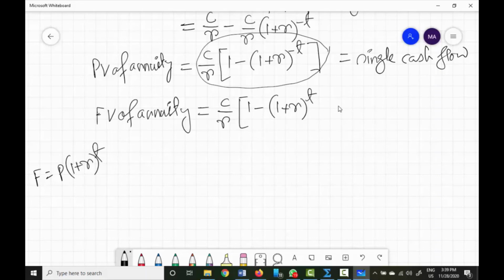You need to multiply this one with (1 plus R) power T, right? So that's what we will get.